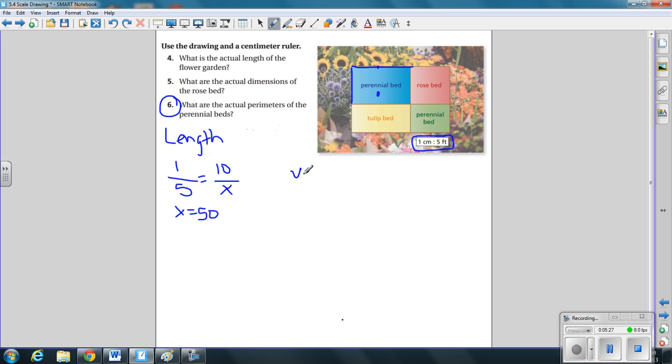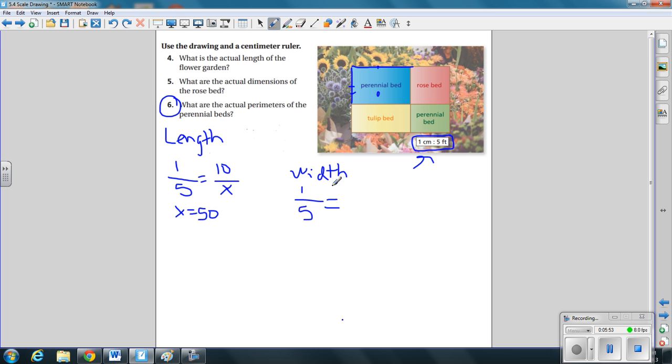Now I want to go to the width. Okay? And for the width, again, here's my scale. I know that every 1 centimeter in the drawing equals 5 feet in real life. And I took the liberty to measure the other side, and it measured 7 centimeters.